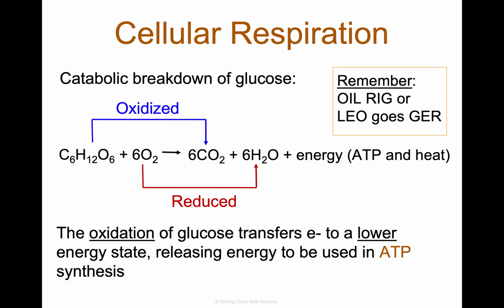For example, the oxidation of glucose transfers electrons to a lower energy state. This releases energy to be used in ATP synthesis. You can see oxidation and reduction reactions tend to couple with each other. Where glucose is losing electrons, O2 is gaining them.